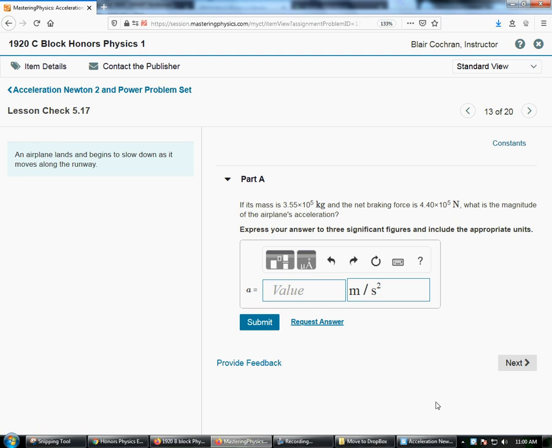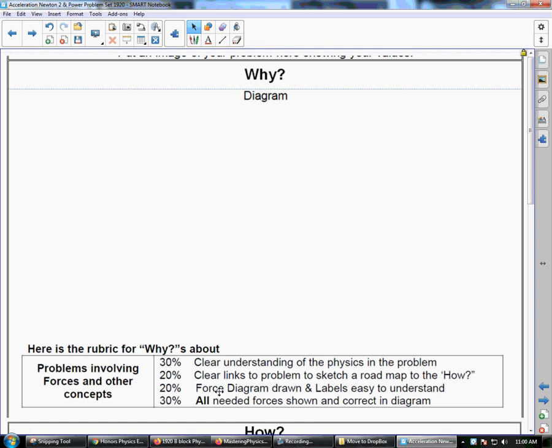So this one's actually, I'm surprised. This one probably should have been just forces. But I'll follow the rubric here.